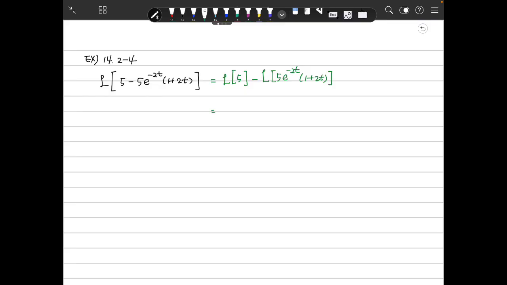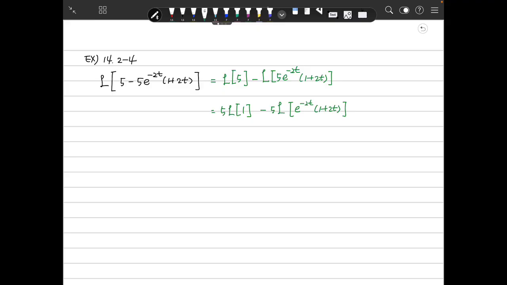So we can rewrite this as 5 Laplace of 1 minus 5 Laplace of exponential minus 2t times (1 plus 2t).